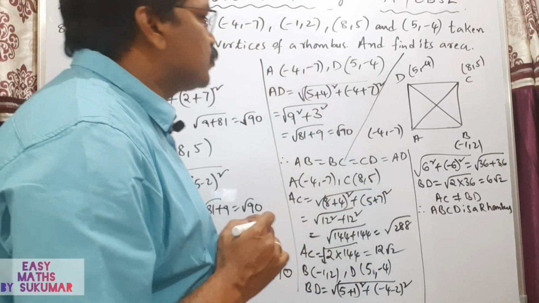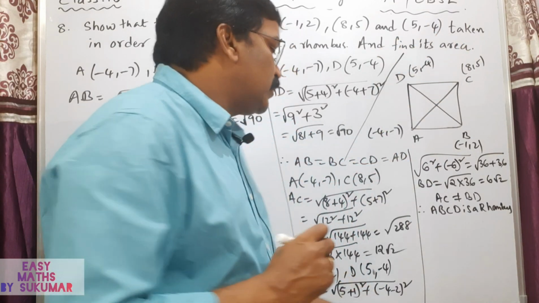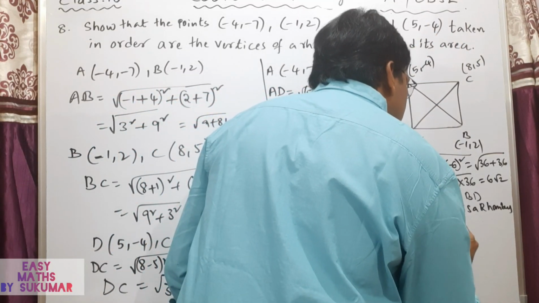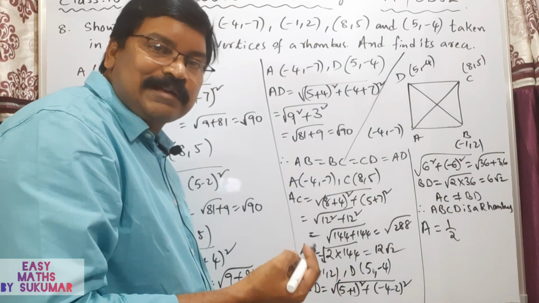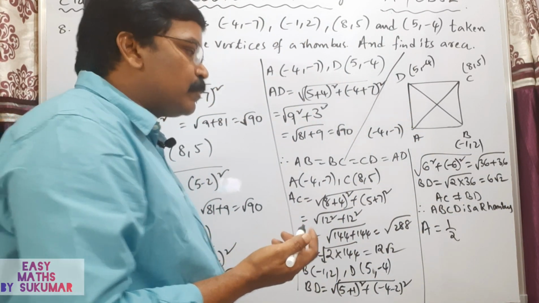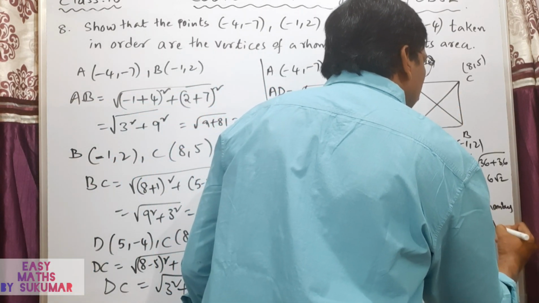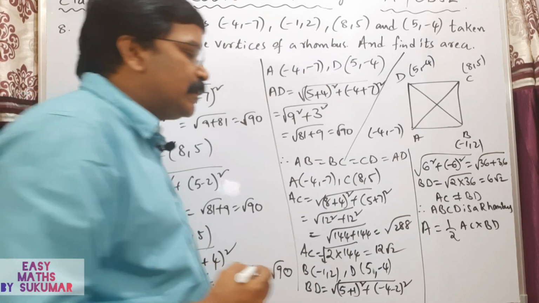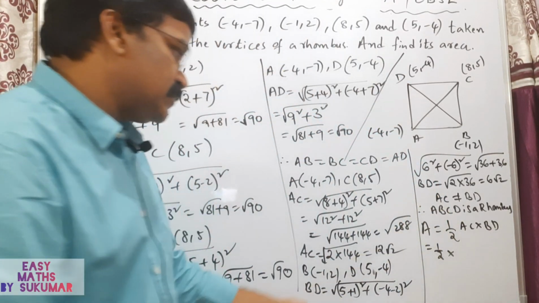Okay. Now, my dear students, we have to find the area also here. Find its area. Actually, what is the area of a rhombus? Half into D1, D2. D1 and D2 are the diagonals of a rhombus. Here the diagonals are AC and BD. Half into AC into BD. So this is equal to half into, what is the length of AC here?